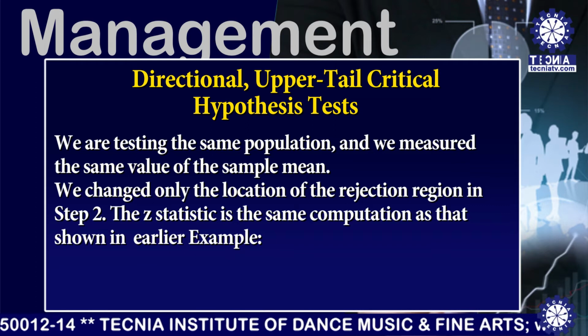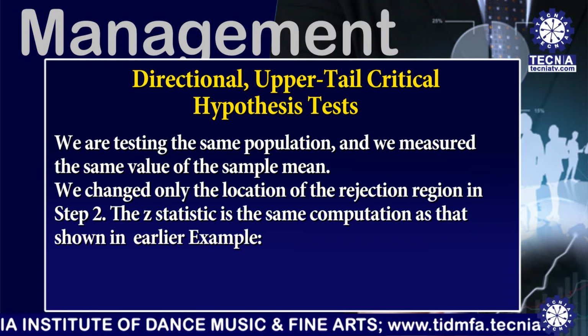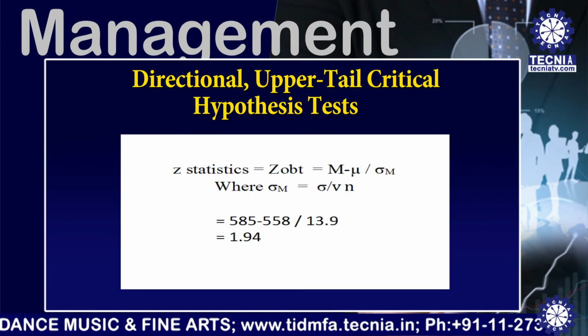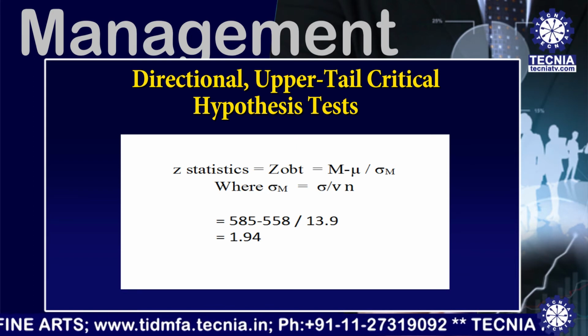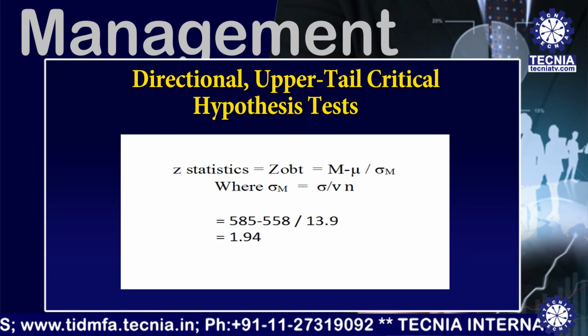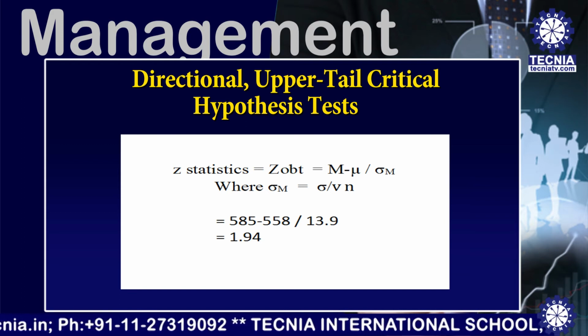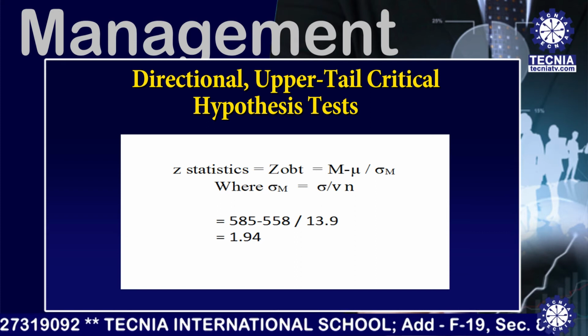The Z statistic is the same computation as that shown in our earlier example. Z statistic equals M minus mu divided by sigma M, where sigma M equals sigma divided by root n. 585 minus 558 divided by 13.9, which is equal to 1.94.